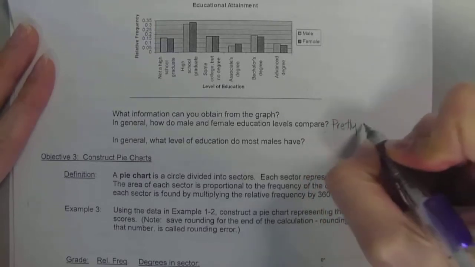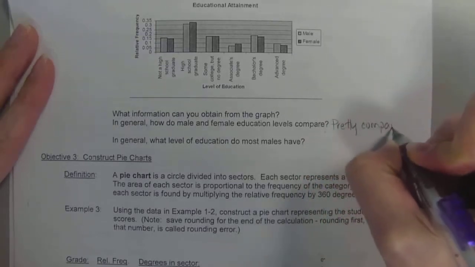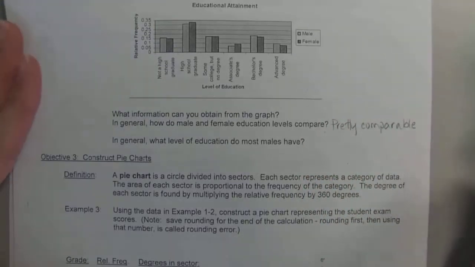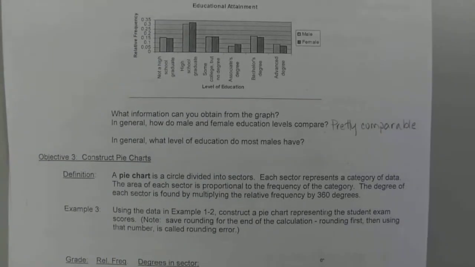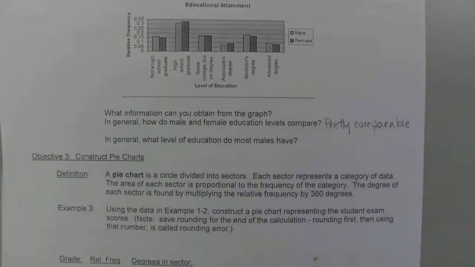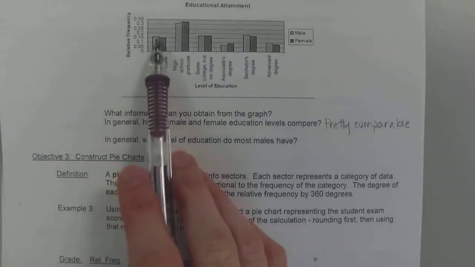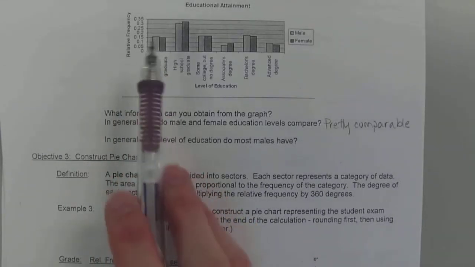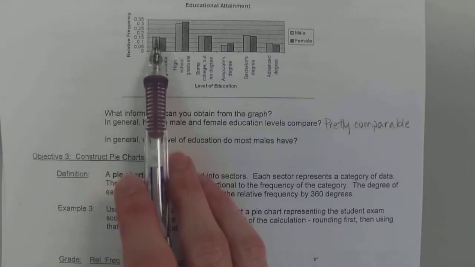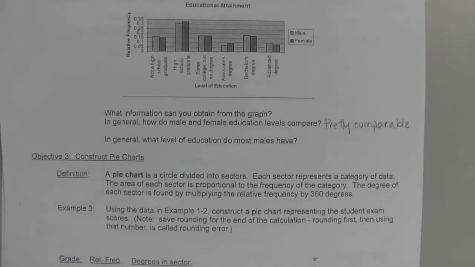Okay, so they're pretty comparable. And since they are that similar, it's nice to have them right side by side. When one does have a slight advantage, for example, not graduating high school, the males are slightly higher. If you had 2 separate bar graphs that were not right next to each other, it might be hard to tell which one's higher, which one's lower.